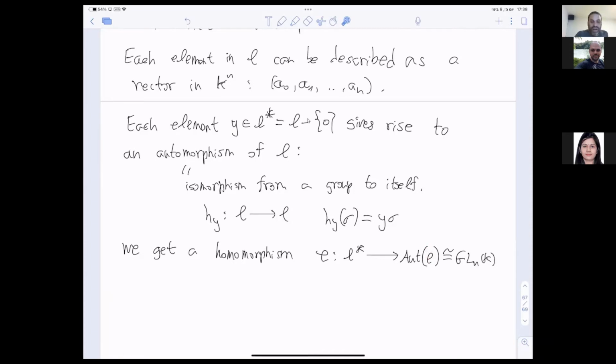So the linear transformations from K^n to K^n are matrices, which are invertible, of course.